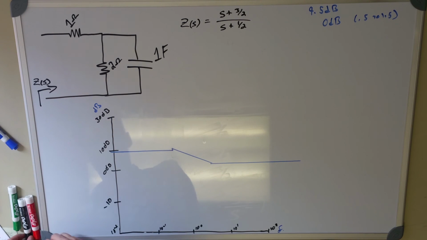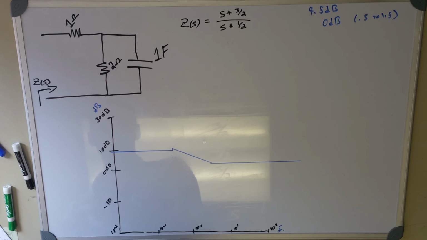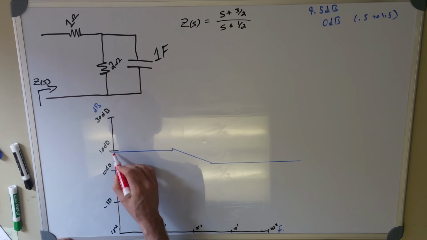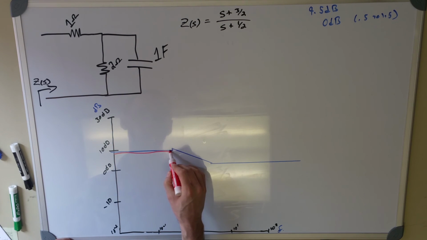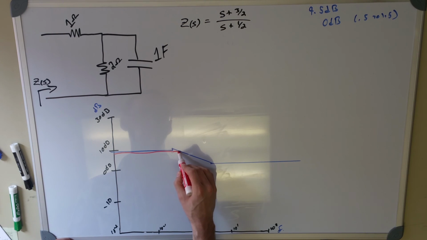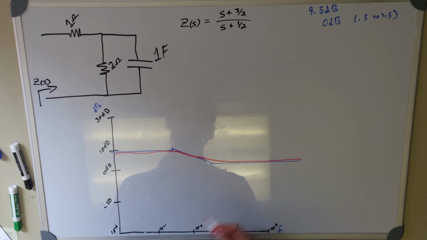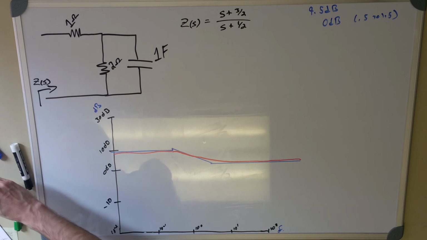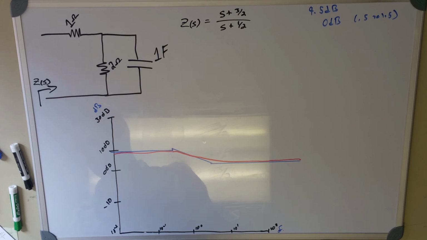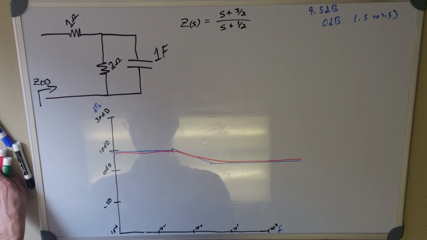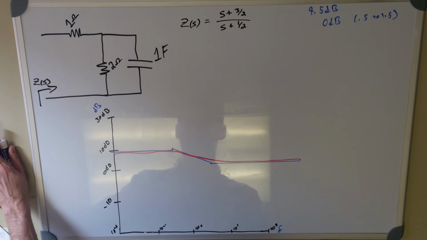Now the actual would more than likely follow a smooth curve, and would probably look something like that. But for what we're doing, a straight line approximation will give us all the data we need.